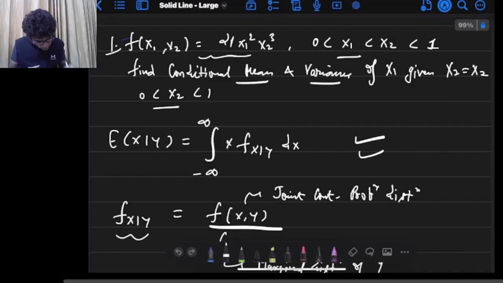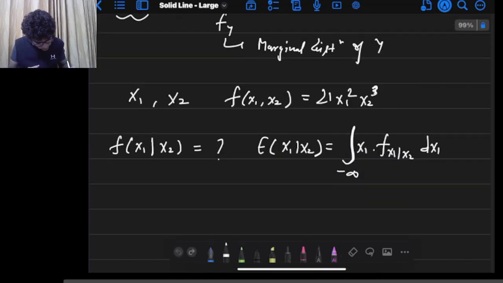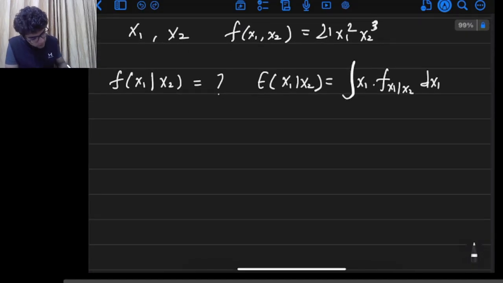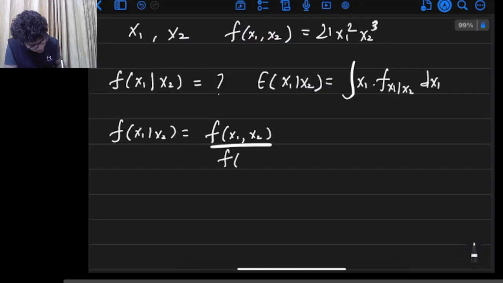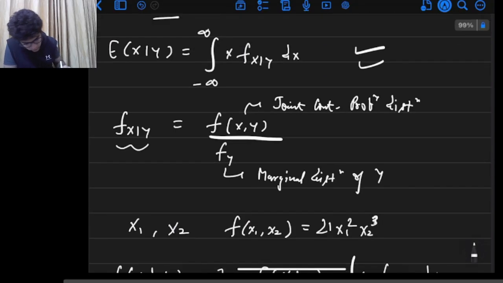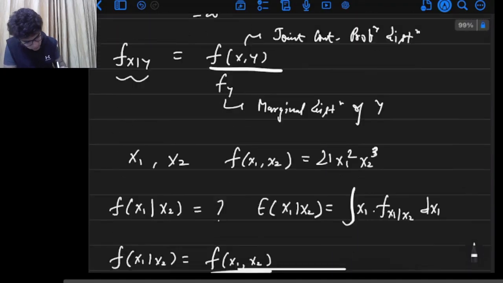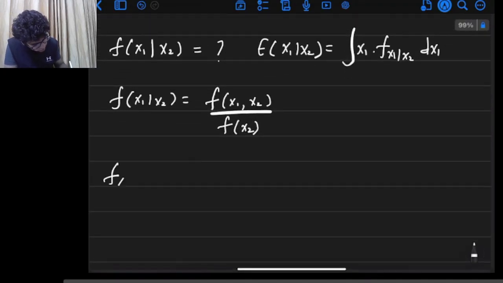Let me remove all of this first. Let me first compute f(x1 | x2), and this will be f(x1, x2) divided by f(x2). For computing f(x2), I need to find the integral of f(x1, x2), the joint probability function given to us, and I need to integrate this over the limits of x1.